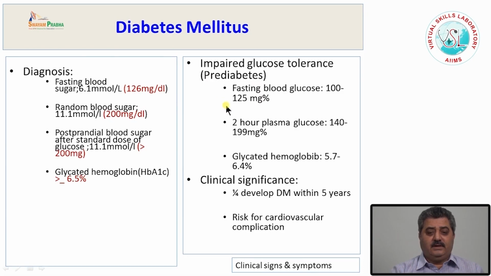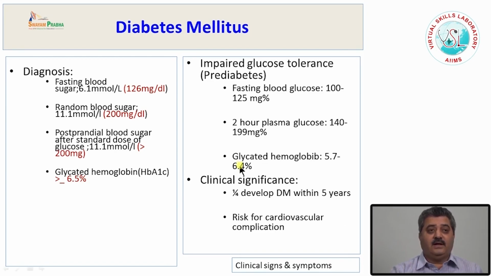The criteria are a fasting blood glucose between 100 and 125 milligram percent, or a 2-hour plasma glucose between 140 and 199 milligram percent, or glycated hemoglobin levels which are less than the defining criteria of diabetes mellitus. Now, what is the significance of diagnosing pre-diabetes or impaired glucose tolerance?